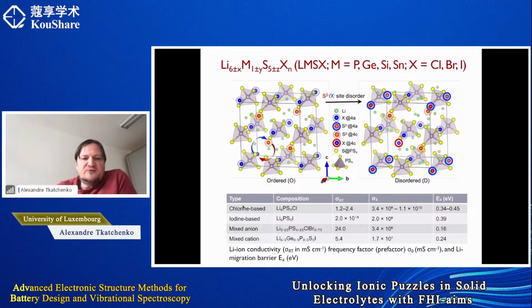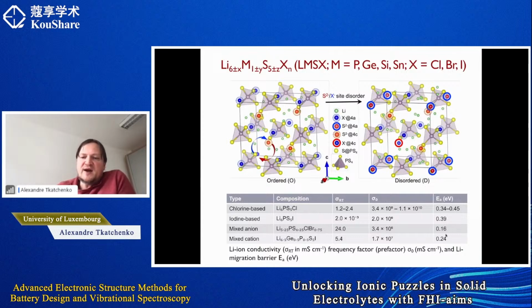For example, if you look at the chlorine-based and iodine-based materials, the iodine-based one has a very low mobility. But people were expecting the inverse, because iodine is a highly polarizable ion compared to chlorine, and higher polarizability should correlate to higher mobility. But instead, something contrary happens, and this remains unexplained.